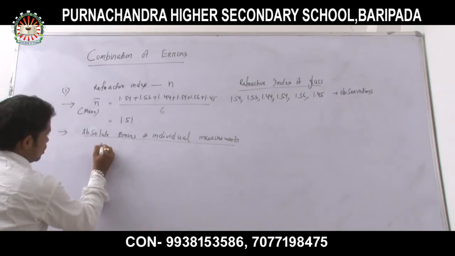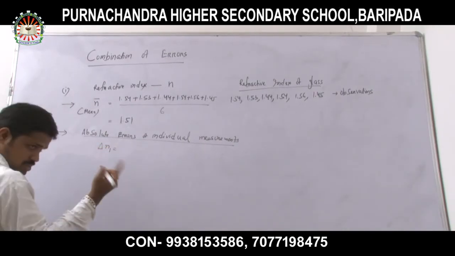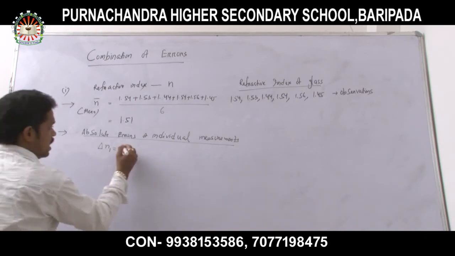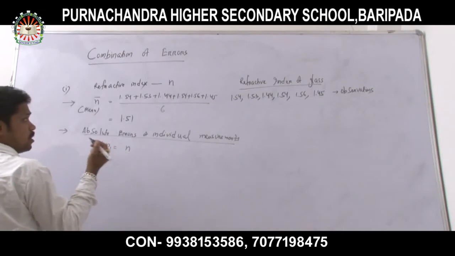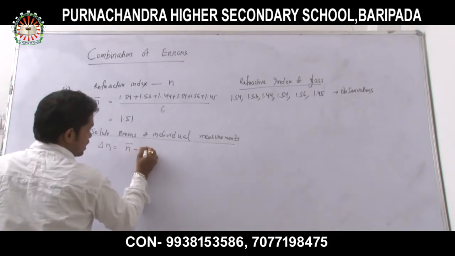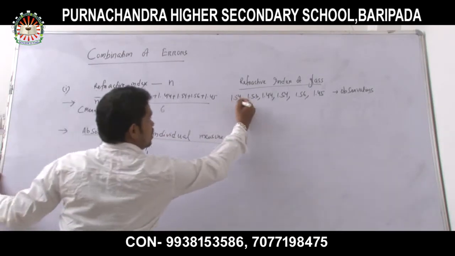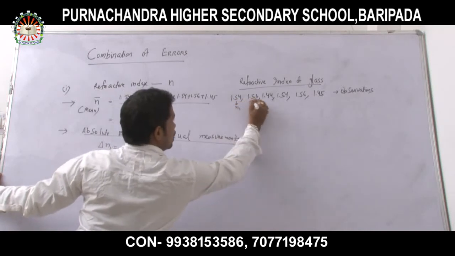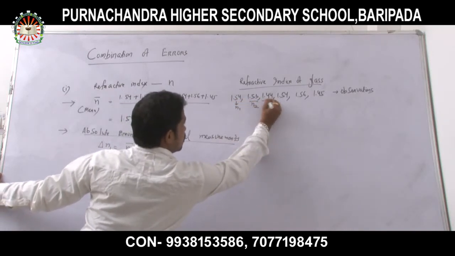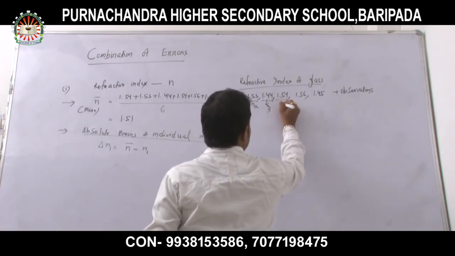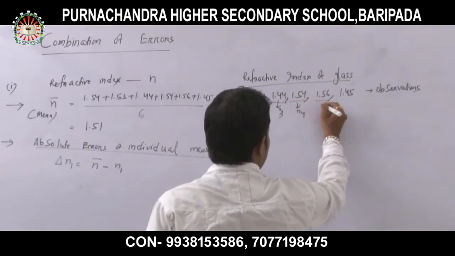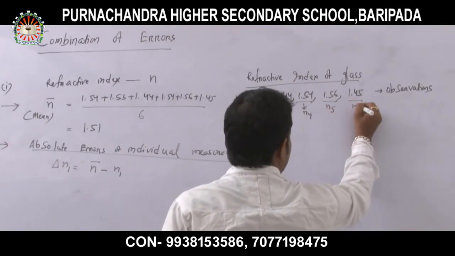First del n1, the same process. What is my formula? Remember, del n1 is n bar minus n1. This is my n1, this is n2, this is n3, then n4, n5, n6.